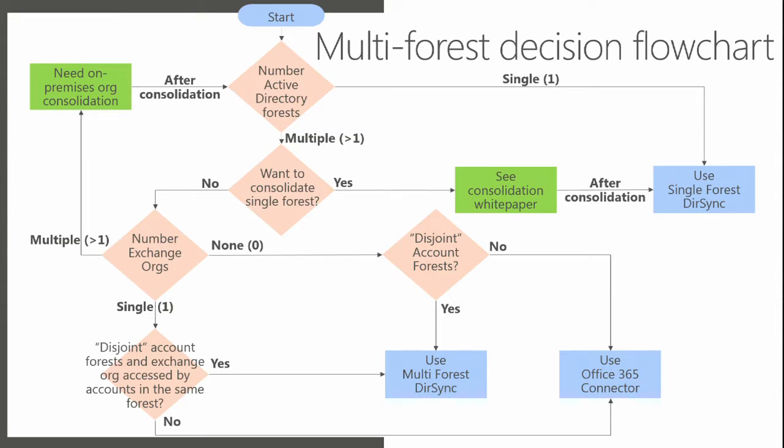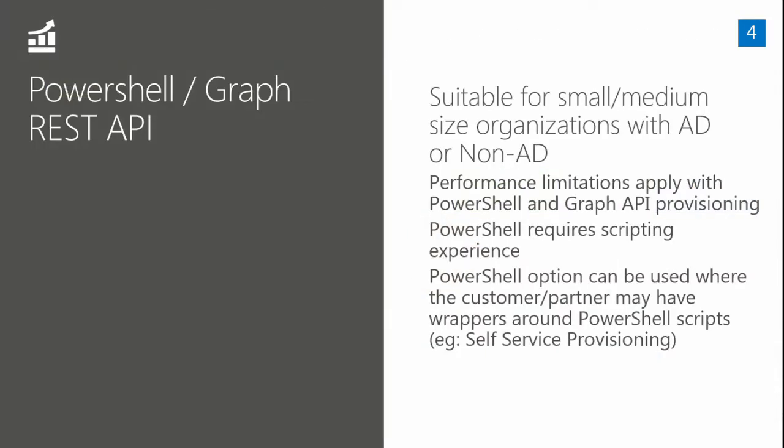If you have a single Exchange org, then we can go ahead and use the multi-forest DirSync. This is a little more complicated to set up, and it's only available for use with Microsoft Consulting Services engagements. So there you go. That's how you can get started with multi-forest synchronization.